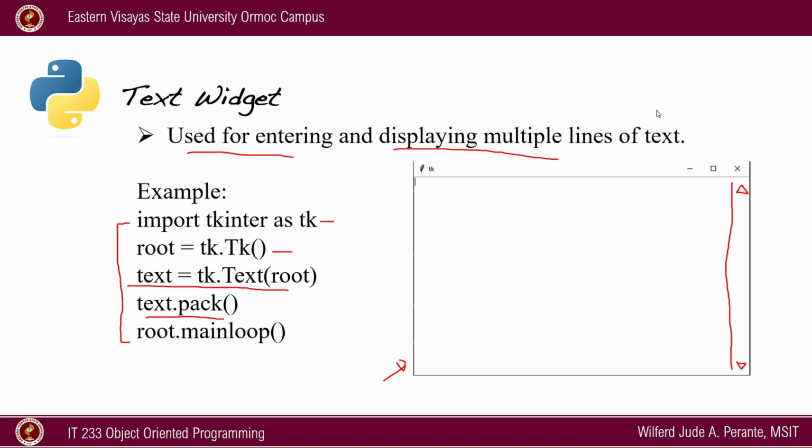This piece of code we use to make our text widget visible in our window. And the root.mainloop we use to start our Tkinter main loop and keep it open until it is manually closed.